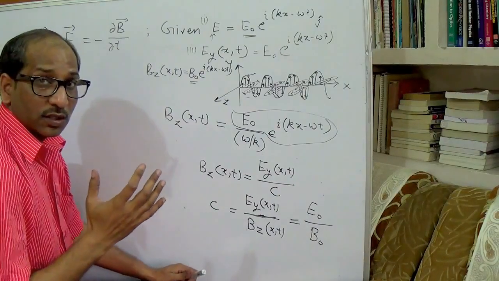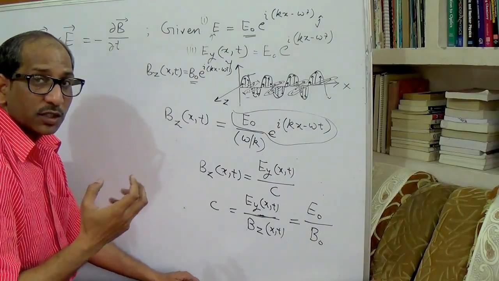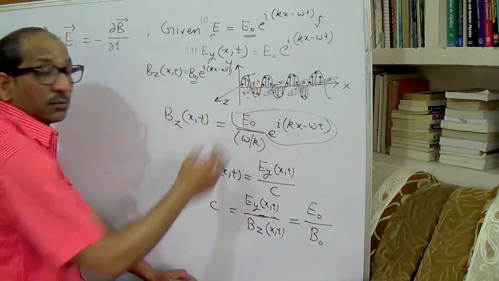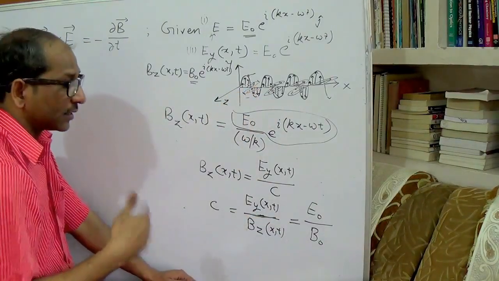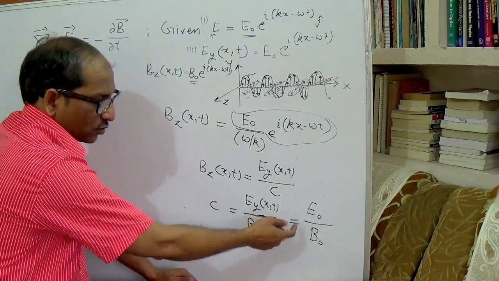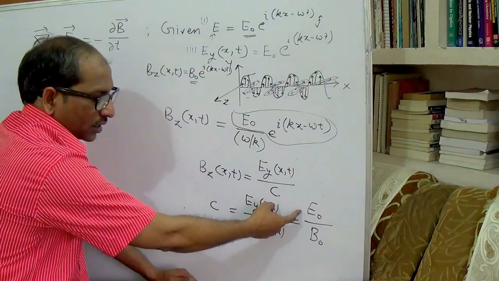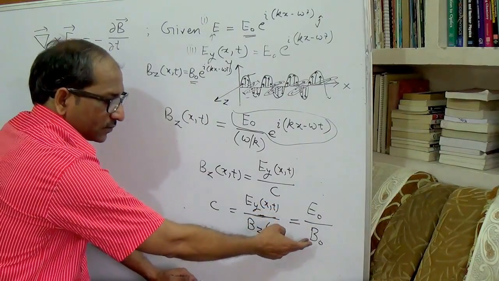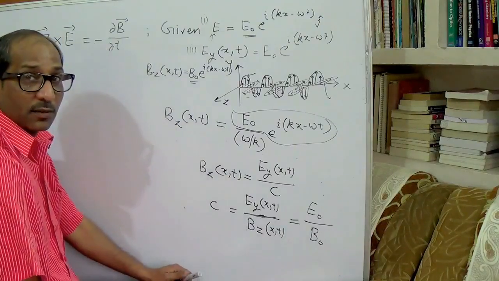where E naught is the amplitude of the electric field wave and B naught is the amplitude of the magnetic field wave. This is again the speed of light, the ratio of the amplitude of the electric field component to the magnetic field component.